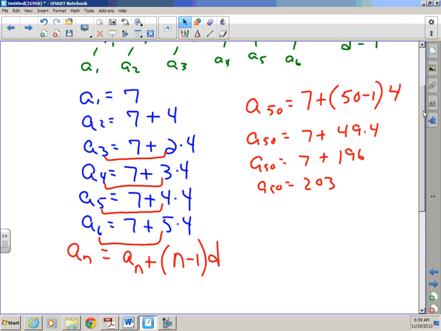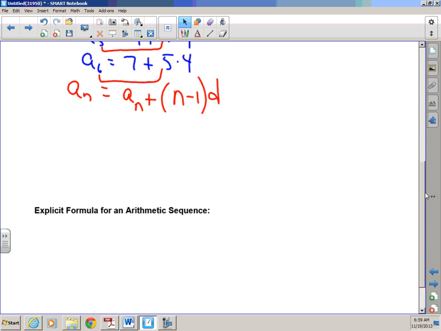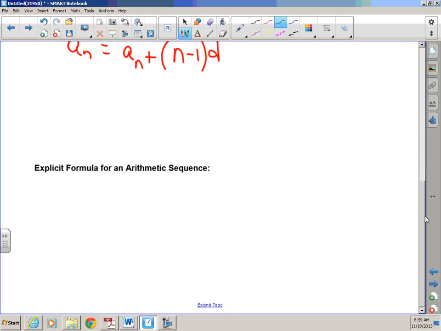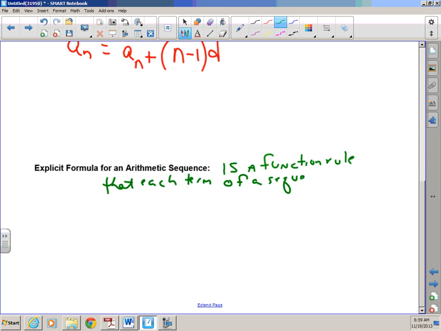What we have just figured out is what's called the explicit formula for an arithmetic sequence. That is a function rule that relates each term of a sequence to the term number.